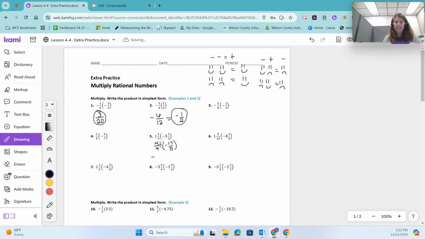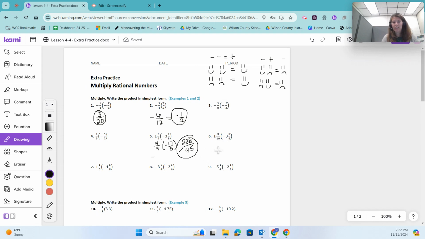Okay, and we are going to multiply the top, multiply the bottom. 14 times 17 is 238. 9 times 5 is 45. Simplify these, and it does not simplify, so that negative is your solution because a negative times a positive is a negative.